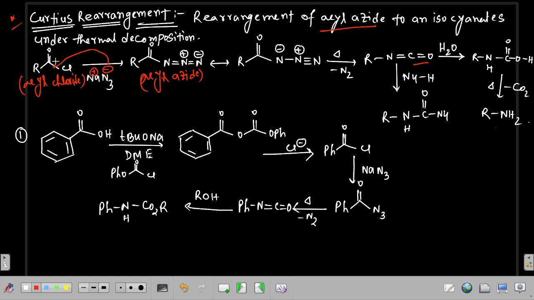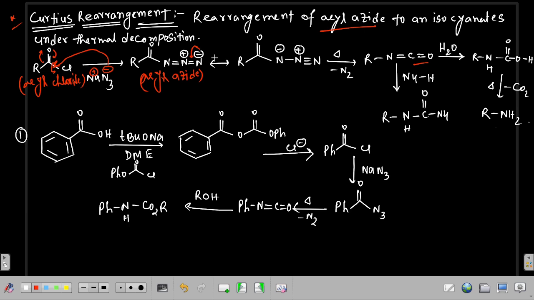Azide ion will attack on the carbonyl carbon, and there will be removal of this chloride, and it leads to the formation of this acyl azide. And acyl azide is present in this form. Now we will do isomerization of this azide.